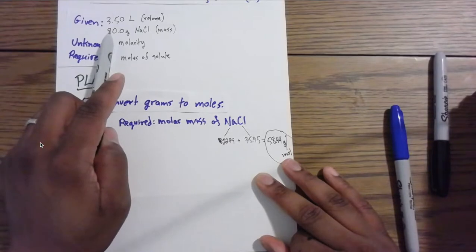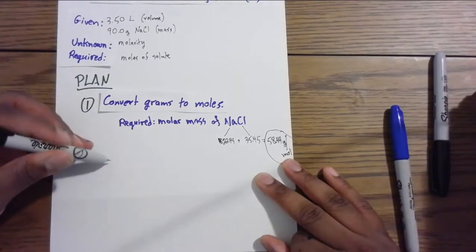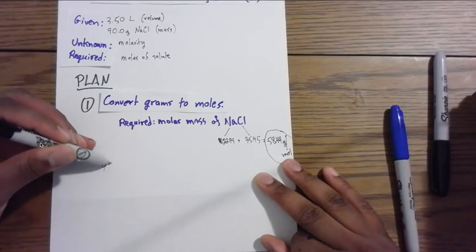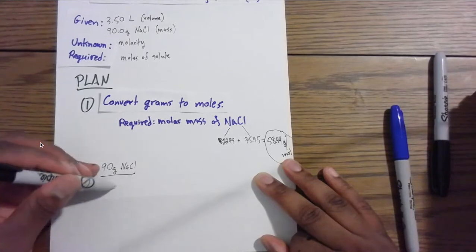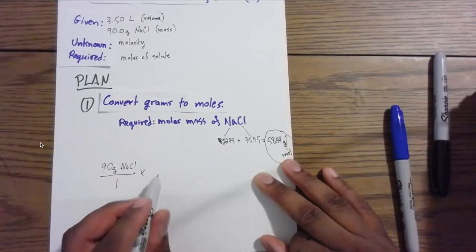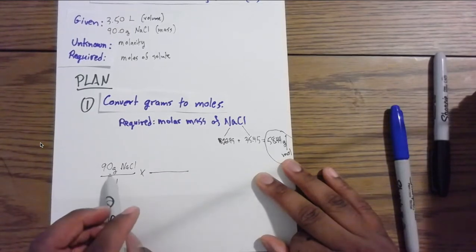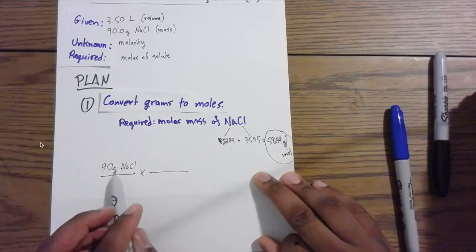So taking my given quantity, 90 grams of sodium chloride, I'm going to set up my conversion. 90 grams of NaCl over 1, and I'm going to multiply that by the molar mass. Now I have grams in the numerator, so I want to put grams in the denominator so that it cancels.